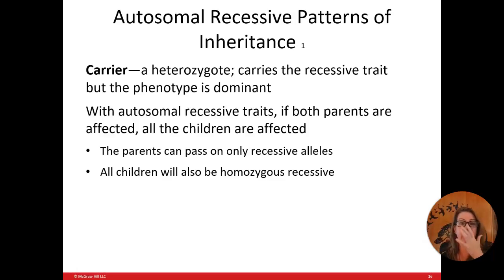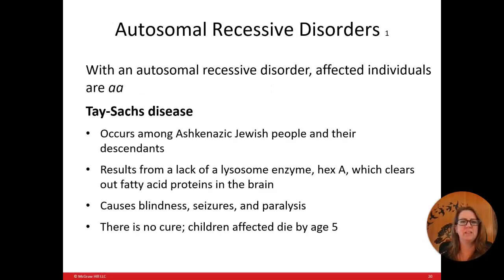Who cares whether you carry a little blue recessive allele? So carrier is a particular name for a heterozygote carrying the autosomal recessive allele. Again, this follows the pattern like with freckles or with brown eyes and blue eyes, that it is a homozygous recessive individual that has the condition.